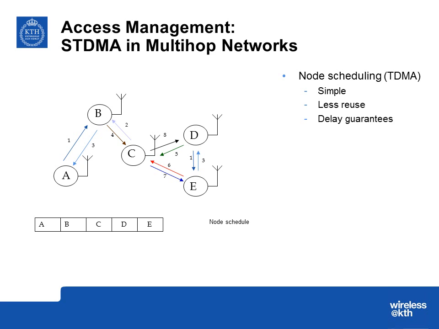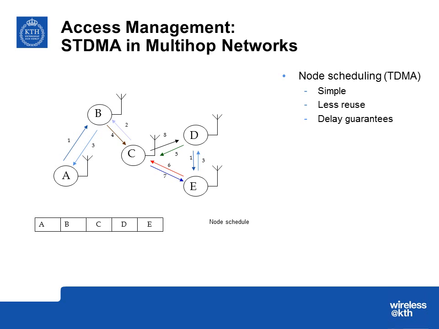So we do what we call a transmitter schedule or a node schedule, which is simply basically TDMA. So in slot number 1 we enable node A, and in slot number 2 we enable node B, and so on until we have enabled all the 5 nodes in this example. So this is the simple node schedule.